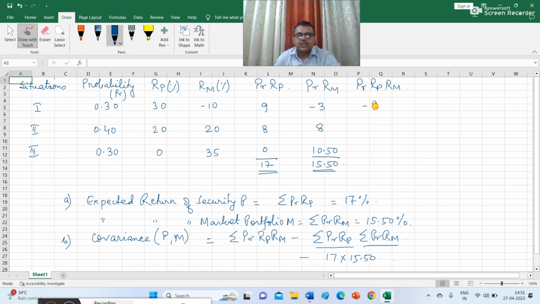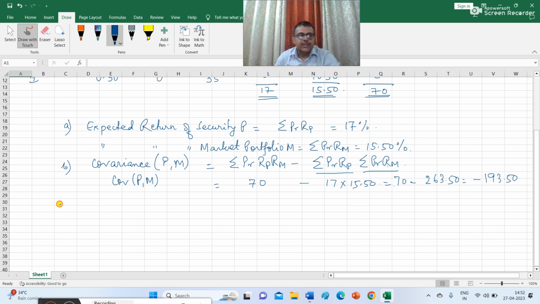You will get minus 90, then 0.4, 20 and 20 gives 160, and then 0. So this is equal to 70. So covariance, or you can write it as cov of PM, is 70 minus 263.50, which is minus 193.50. So cov of PM, that is the security P and market portfolio M, is minus 193.50.